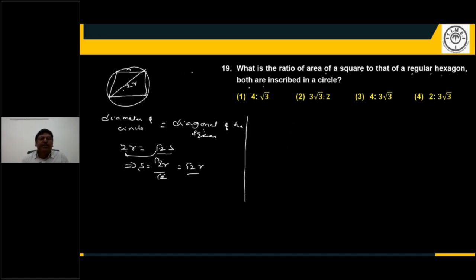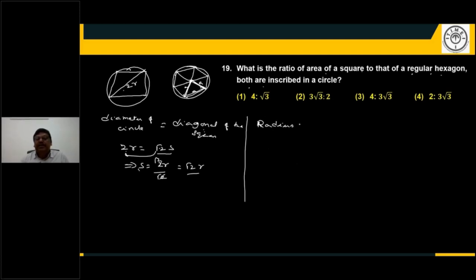Now, if you take a circle and a hexagon is inscribed in it, a hexagon is nothing but 6 equilateral triangles. For the hexagon, all sides are equal, so if this is the side of the hexagon, this is also a.